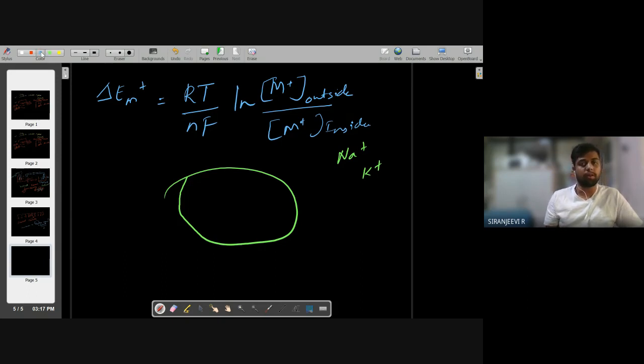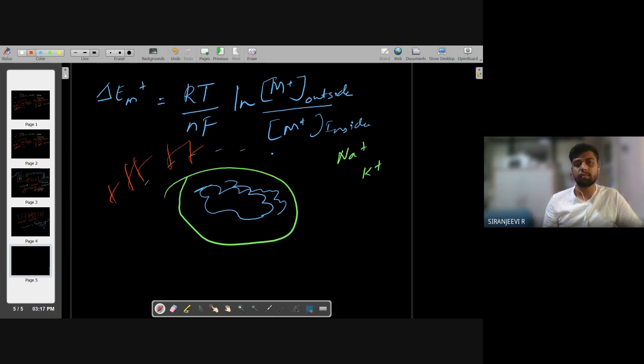If I label sodium in blue, the outside sodium concentration is very high when compared with the inside of the cell.